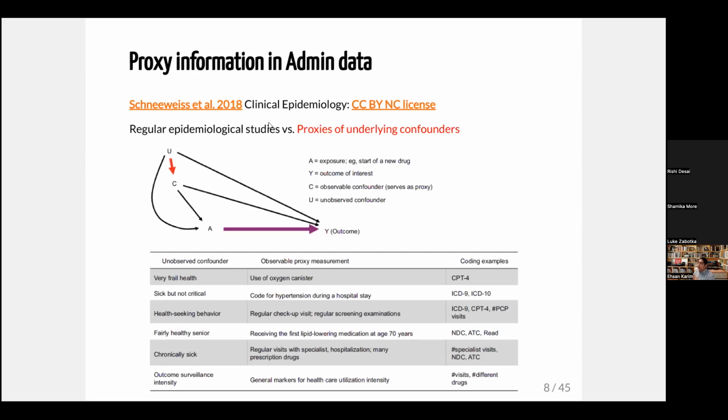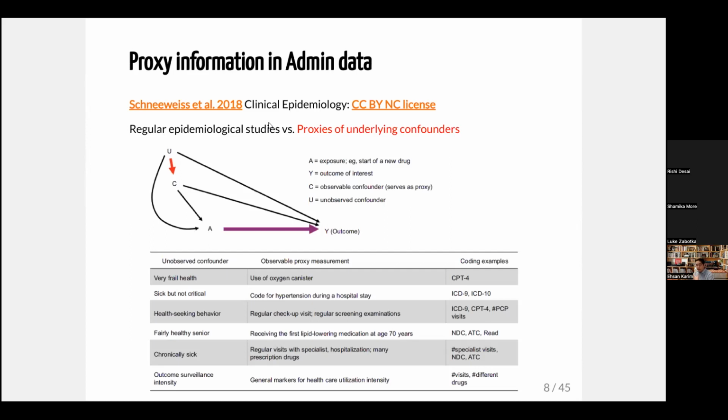That means that whatever outcome we are using in our research, this particular type of information might also be useful for us to understand the health status of that person. If this person is coming with a lot of codes for specialists and hospitalization, that might give us some understanding of the chronic sickness situation for that particular patient.